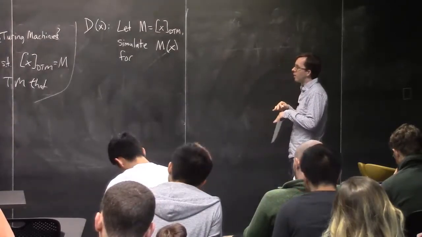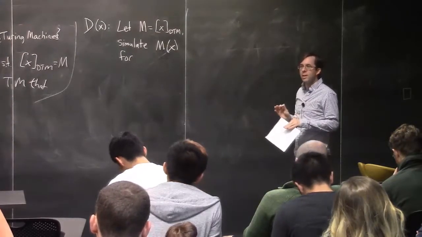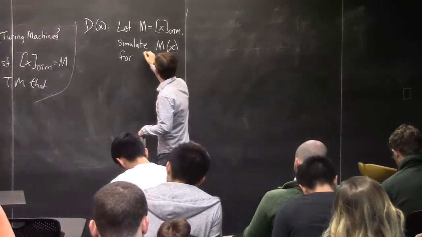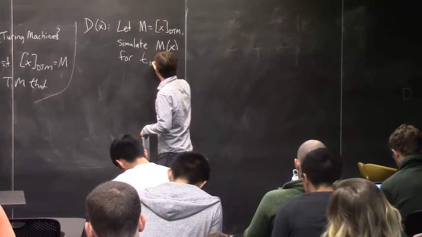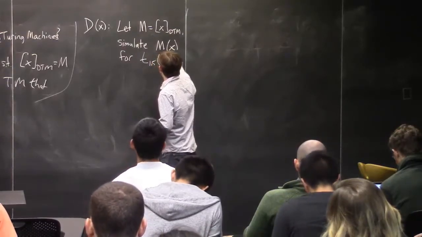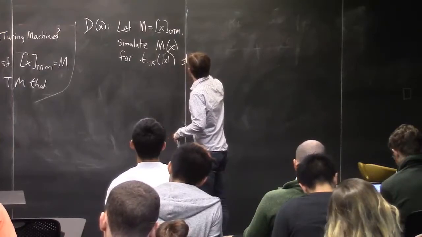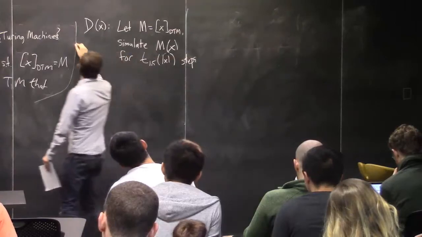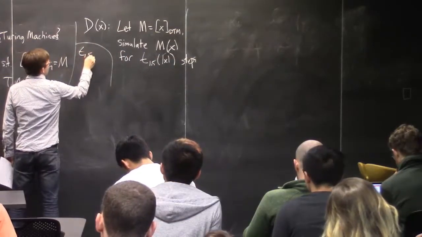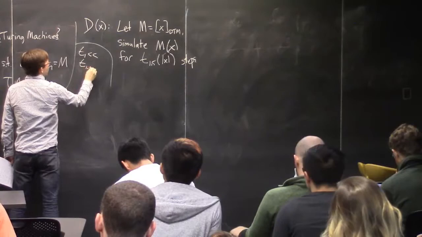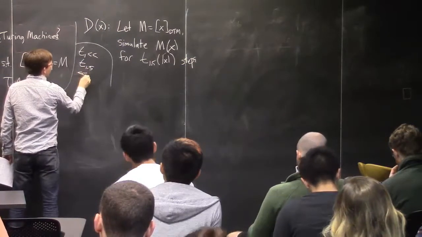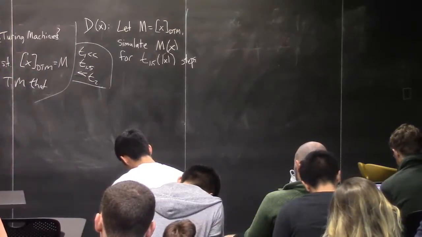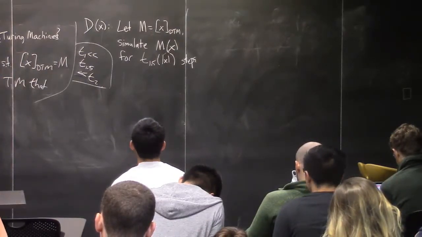But I'm going to do it for a number of steps that's a little bit bigger than t1, just in case. You'll see why eventually. I'll call it t sub 1.5 of x. What's the deal with t sub 1.5? I want t1.5 to be between t1 and t2. So already you see we're getting to a little bit of technicalities here.